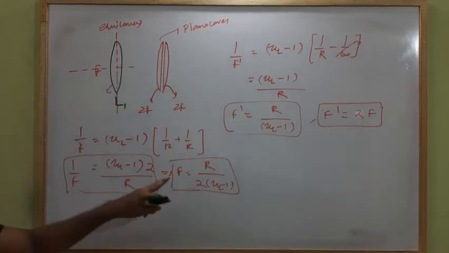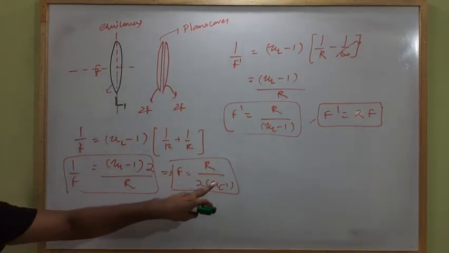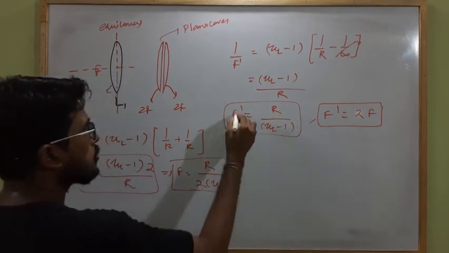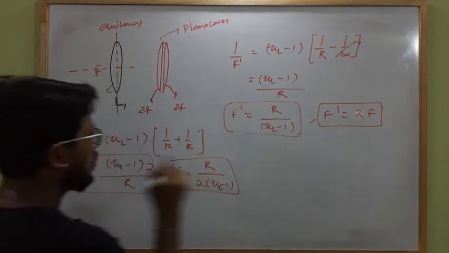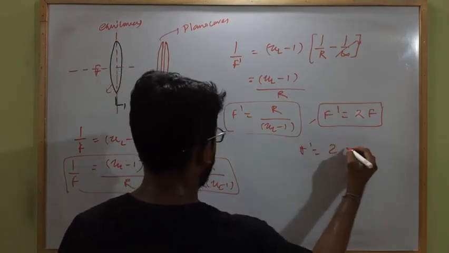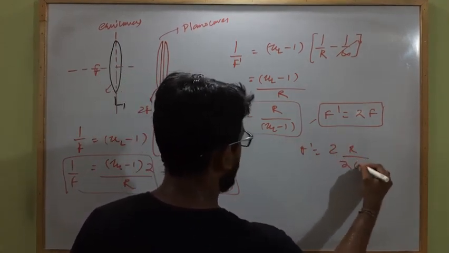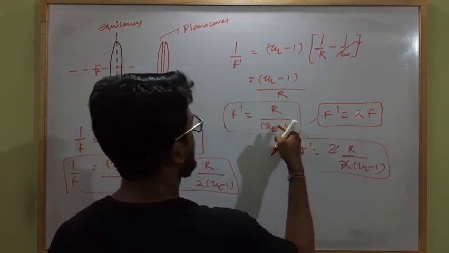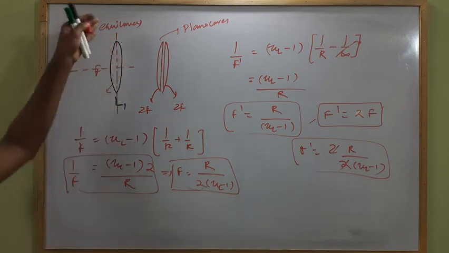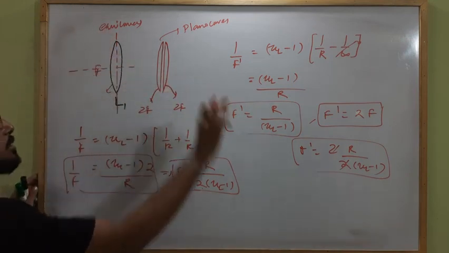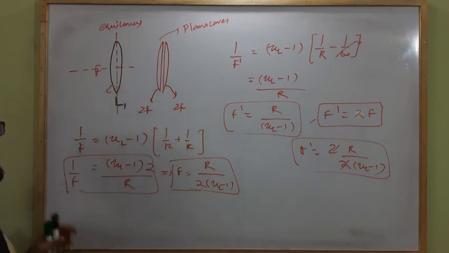Because here the focal length is r divided by 2 into (mu l minus 1), and here the focal length is r divided by (mu l minus 1). So f dash is 2 into f, because the 2 gets cancelled, so r divided by (mu l minus 1) is f dash. So when a lens is cut vertically into two equal parts, the focal length of each part becomes twice the initial focal length.